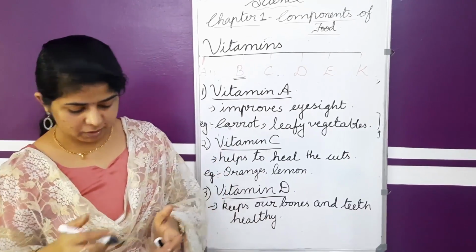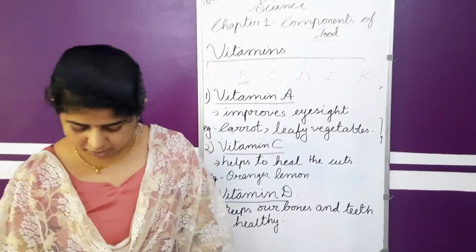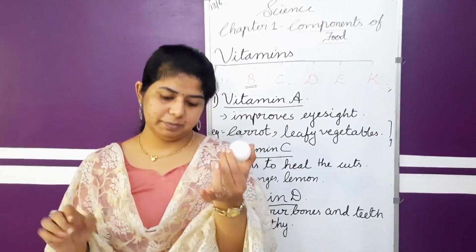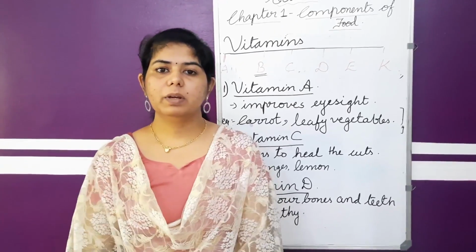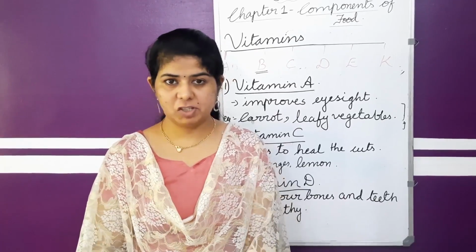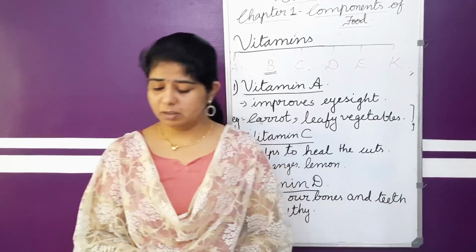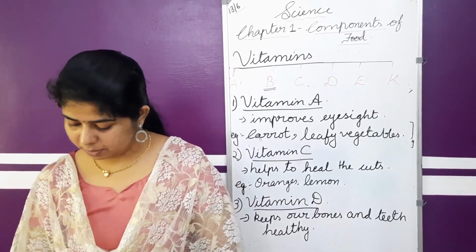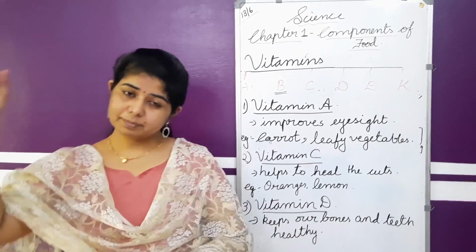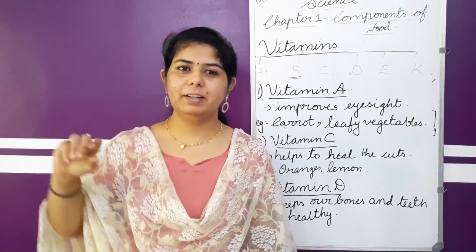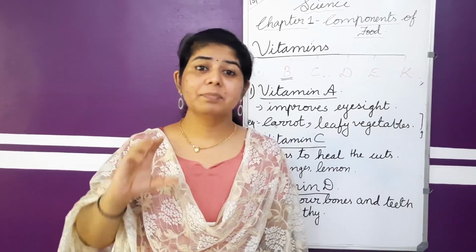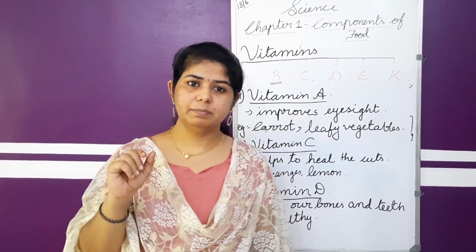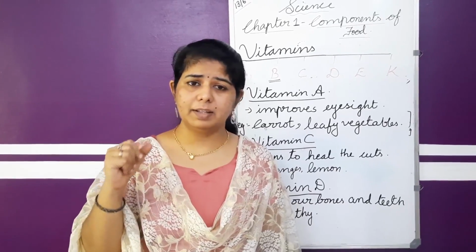And the foods rich in vitamin D are egg, milk, fish. All these are rich in vitamin D. And also sunlight, not the afternoon sunlight, early morning sunlight. Yes, the 7 o'clock kind of sunrise.